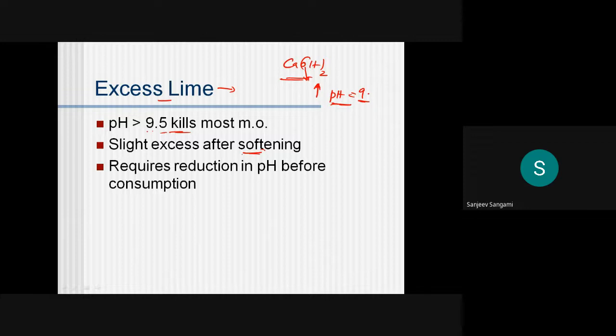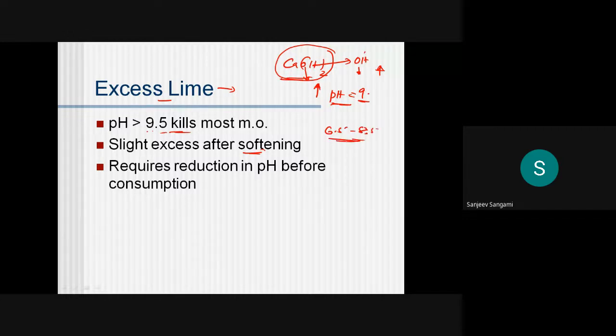One more very important thing is that we already know the lime is Ca(OH)2, so the OH ions are responsible for increasing the pH. That you always have to remember. But our drinking water standards say that the pH should be 6.5 to 8.5.